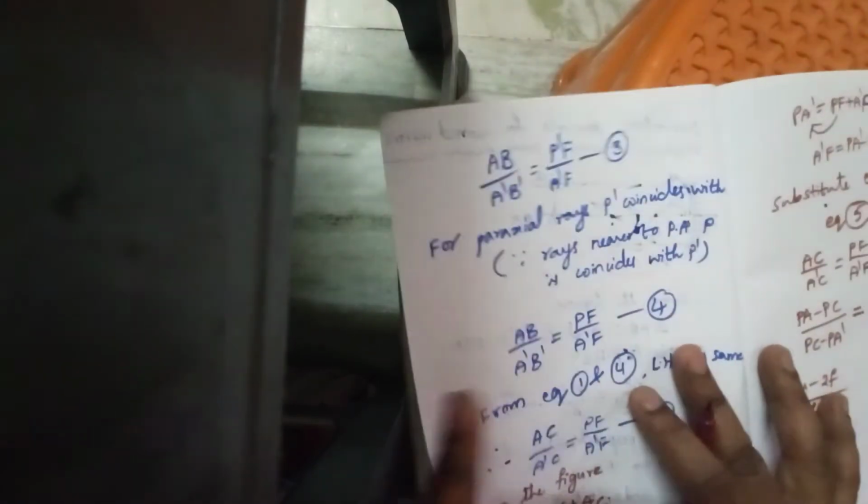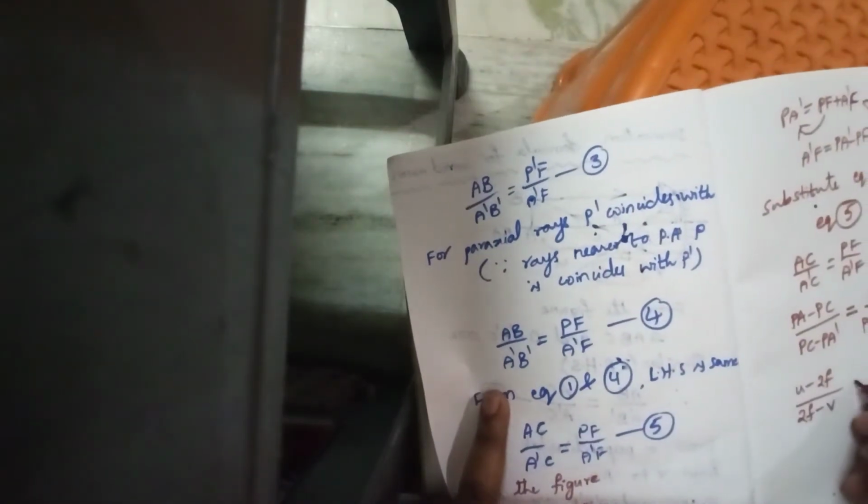So what is PA value? PA is equal to U. U minus PC, the center of curvature, so 2F, in the place of PC I am writing 2F, minus PA dash, image distance V, is equal to, what is PF?